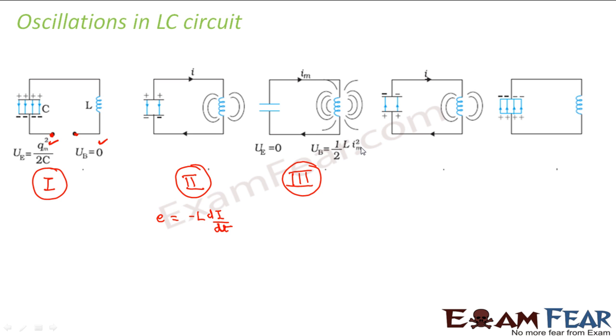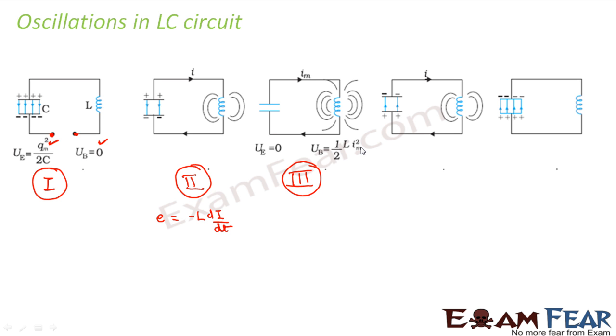What happens again? Earlier the current was flowing, and now the capacitor is completely discharged, so no current is flowing. That means there is a change in current. Due to the change in current, again the inductor experiences a change in flux, because of which an induced EMF is induced, which tries to oppose the change.